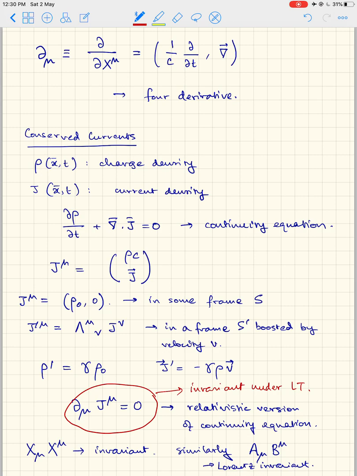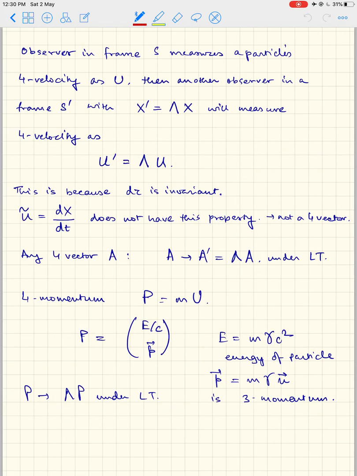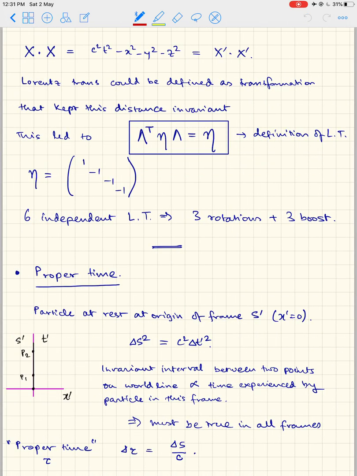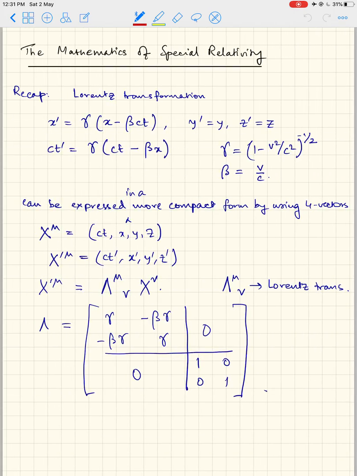Before I end today, let me take you through what we have done in the lecture. I understand this has been a little abstract, but let me quickly go through this once again. We started off by recapping what Lorentz transformations were.